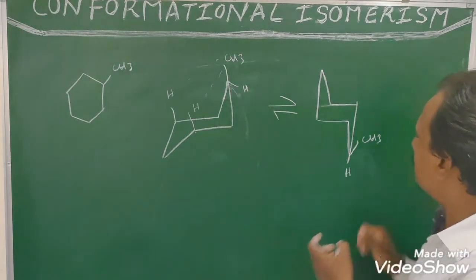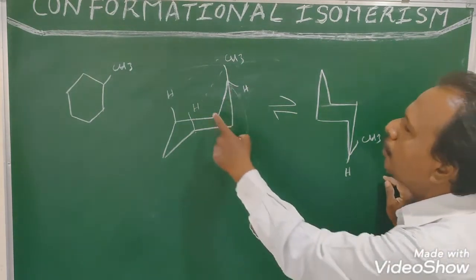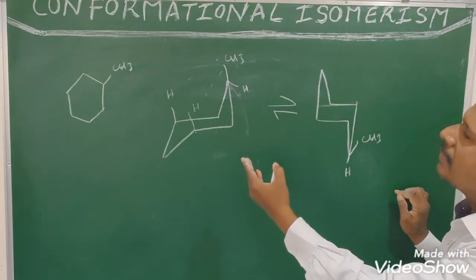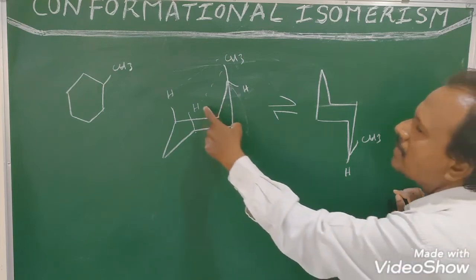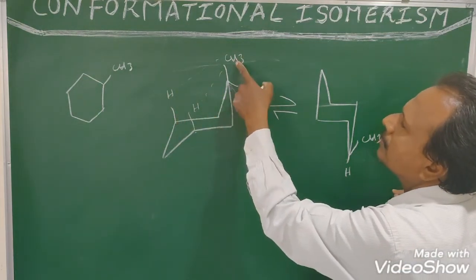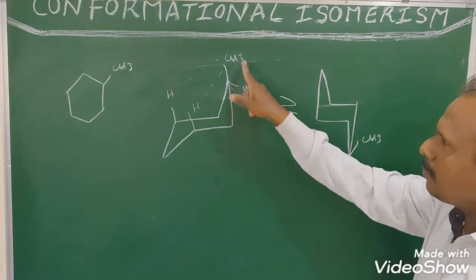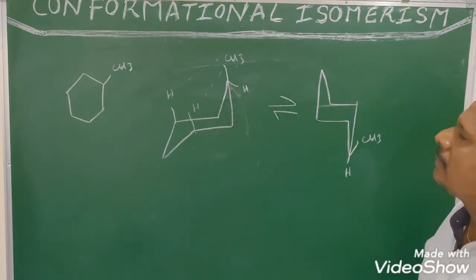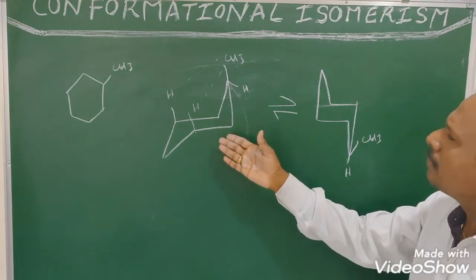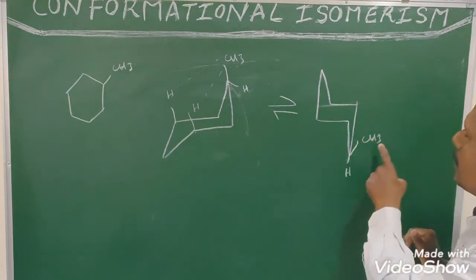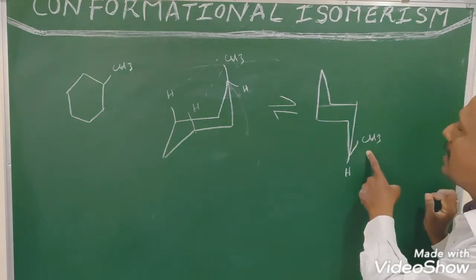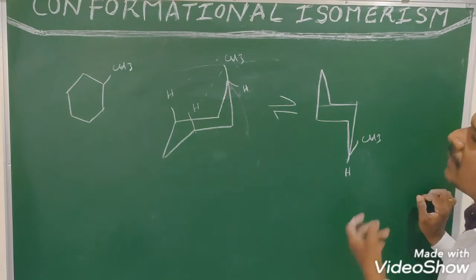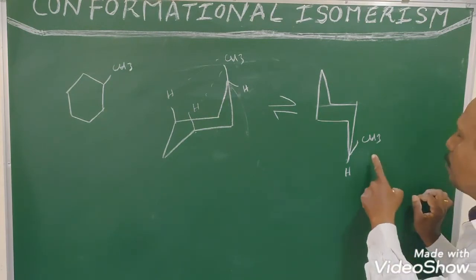These H atoms repel the methyl group. Due to that, what happens? The conformation gains more energy, which leads to instability. If the substituent is in the equatorial position, such axial H interactions do not operate. So it is more stable.